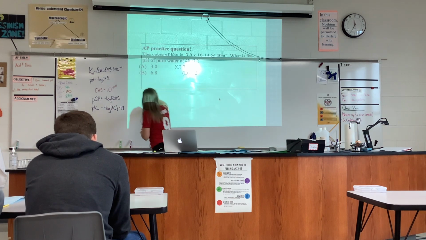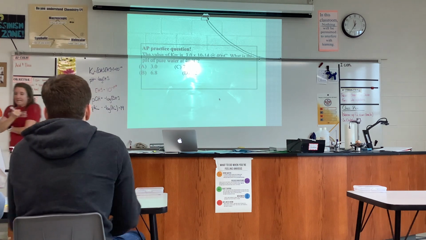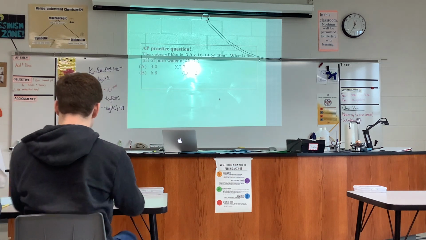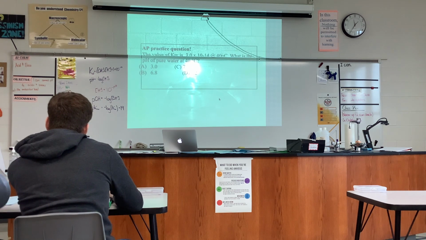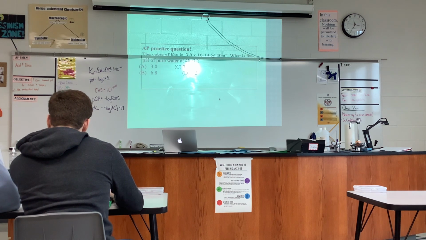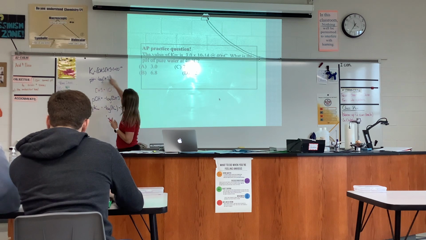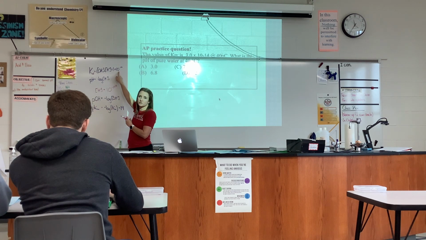It says that the KW for water is now 3 times 10 to the negative 14 when we've increased the heat to 40, right? Because we know that the K changes with temperature. What is the pH of pure water now at 40 degrees? Okay, so the thing to recognize here is the KW value has changed.